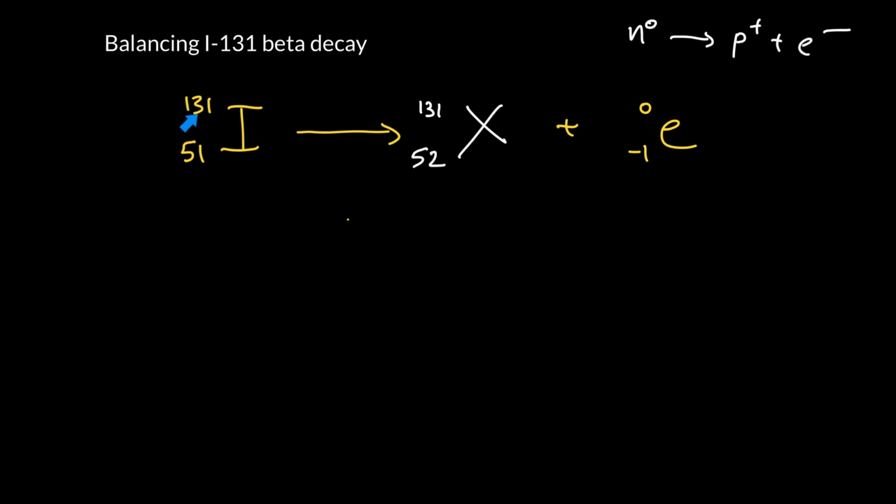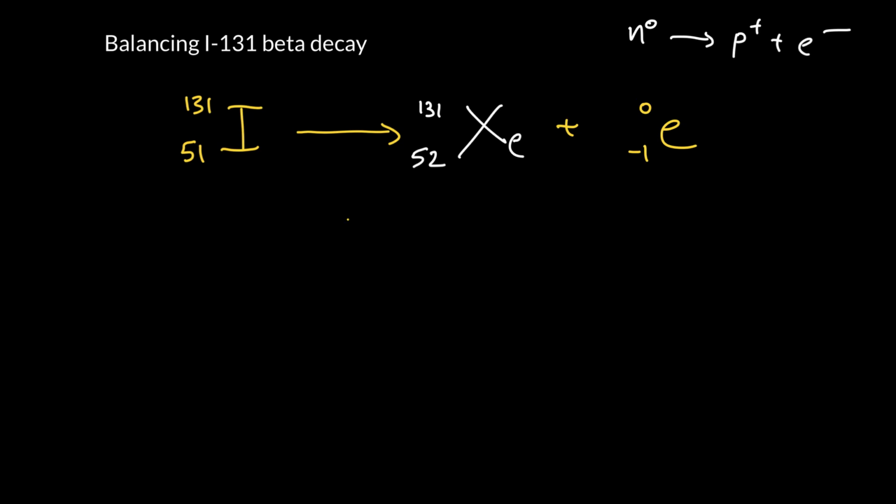So changing a neutron into a proton doesn't change this number here, but you've got one more proton, so now it's not 51, it's 52. And if we look at our periodic table and we look at element number 52, it is actually xenon. So actually X was a pretty nice choice there for the element symbol. And so xenon is what is formed.